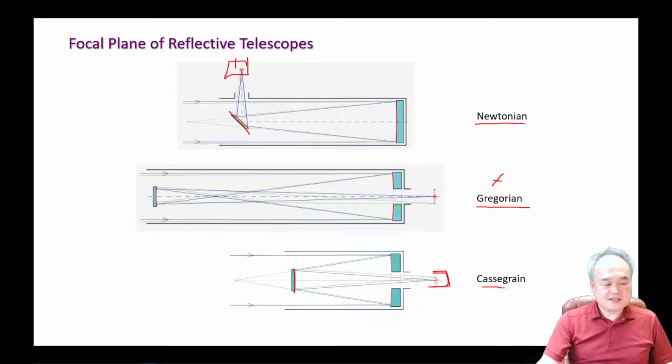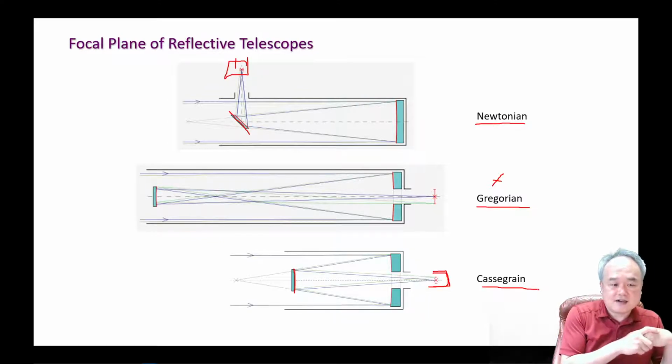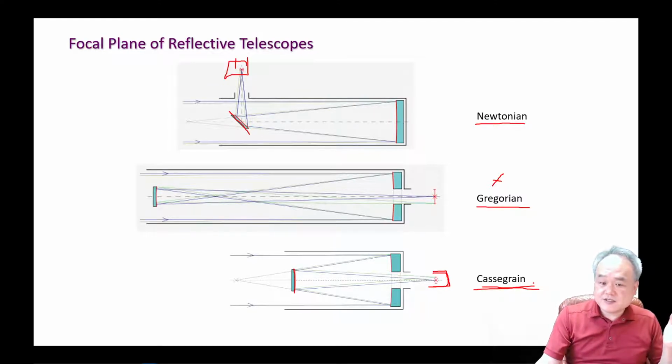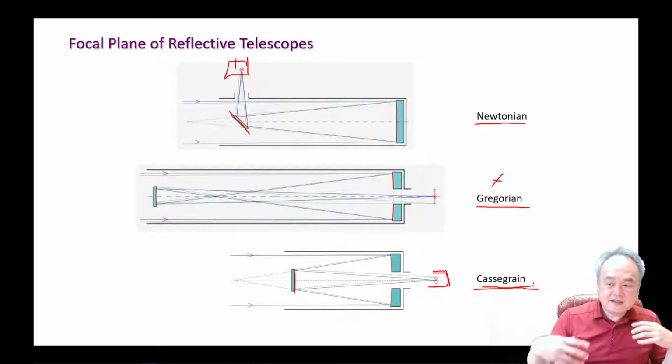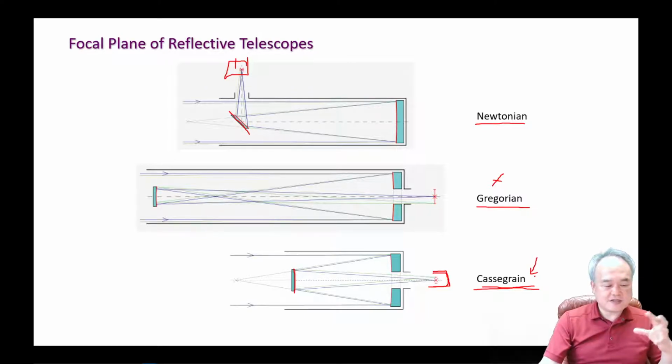This design is called Cassegrain, and most modern-day hobby telescopes use this Cassegrain focus design. And later, as you will see, even the world-class largest telescopes are utilizing this Cassegrain focus system as well.